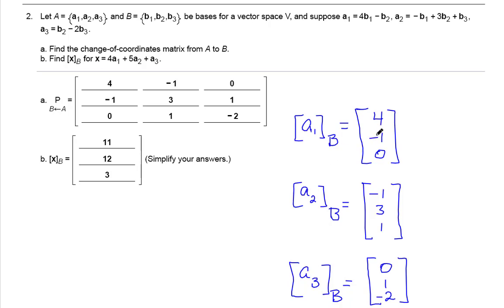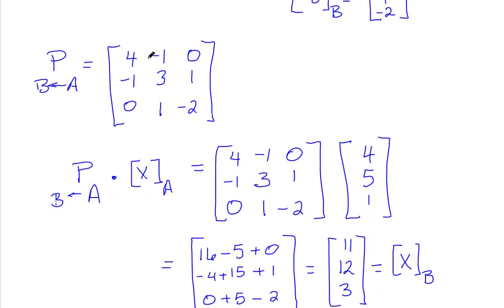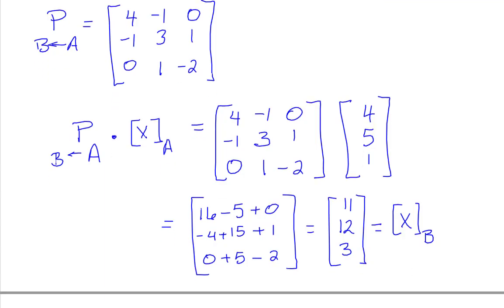I simply take my x, 4, 5, and 1, that's x relative to the A basis. Multiply it by our transformation matrix, and I get x relative to the B basis. So it's change of coordinates from A into B.